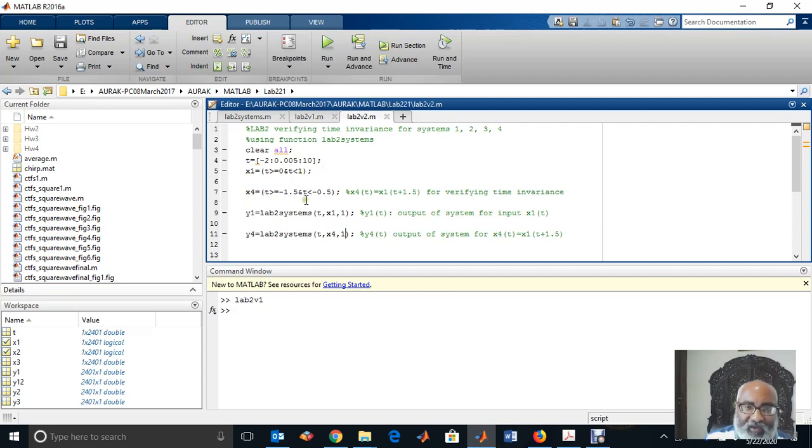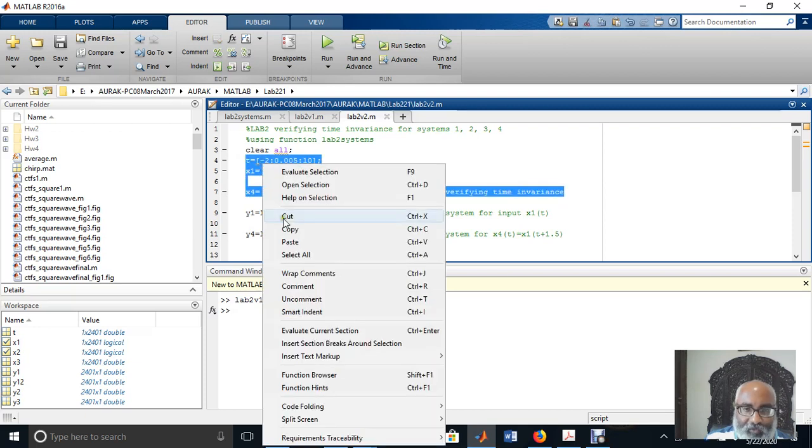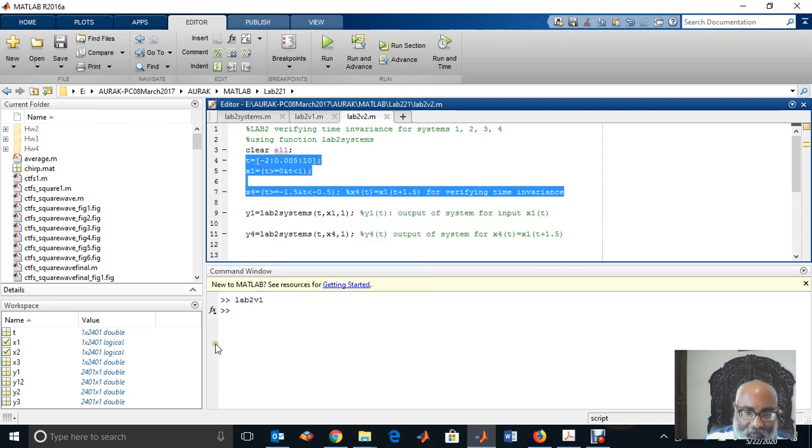X4 is 1 between -1.5 and -0.5, so I shifted X1 by 1.5 to the left. That means if we try to plot and see, we can check this. Actually, I can copy this part and show you that this is the case.